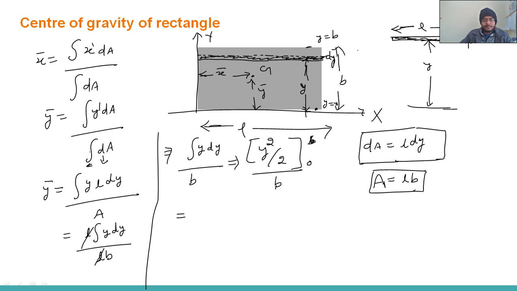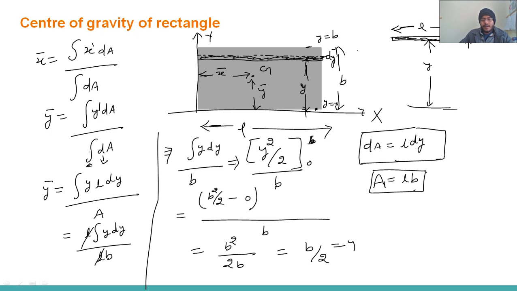So we write b square by 2 minus 0. What will come? b square divided by 2b. b will cancel, it will come b by 2. Means y bar we get b by 2. Are you getting the point? So here y bar will be b by 2.